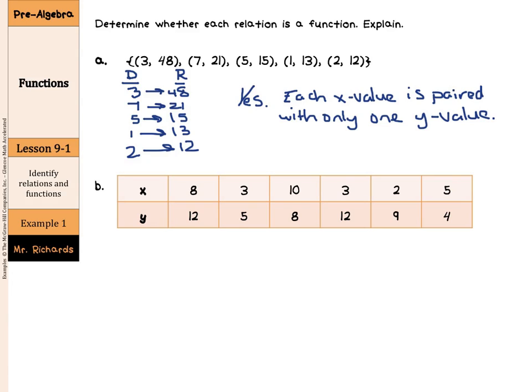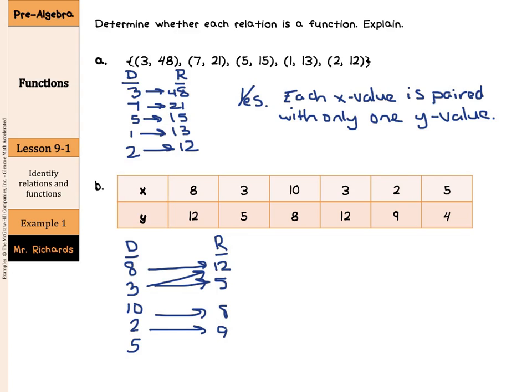Now contrast that here to B, where we have the domains being 8, 3, 10, we have 3 again, 2, and 5. And so our range, the 8 matches with the 12, the 3 matches with a 5, the 10 matches with an 8, and the 3 matches with the 12. The 2 matches with the 9, and the 5 matches with the 4.